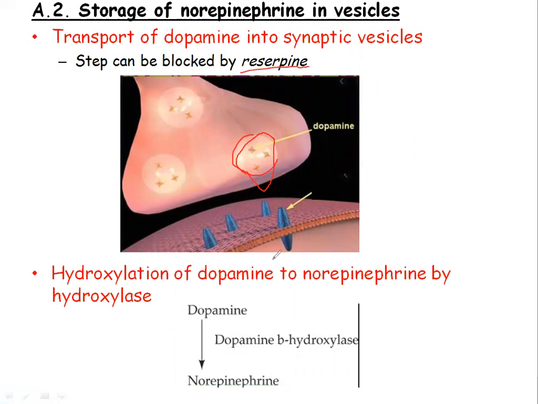After that, the dopamine needs to be hydroxylated by dopamine hydroxylase into norepinephrine. And this step happens inside the vesicle. And now we can find inside the vesicle the norepinephrine instead of the dopamine, because the dopamine is hydroxylated into norepinephrine.